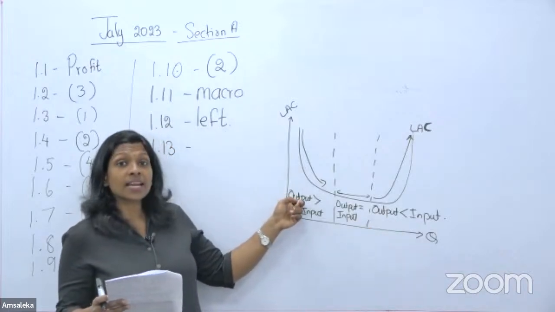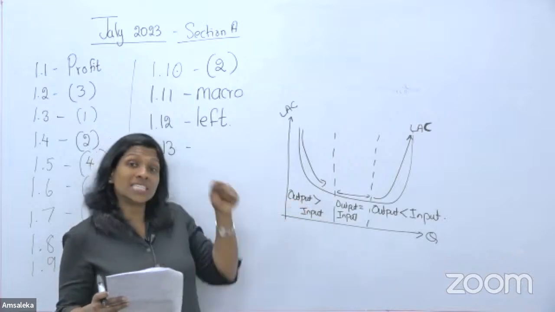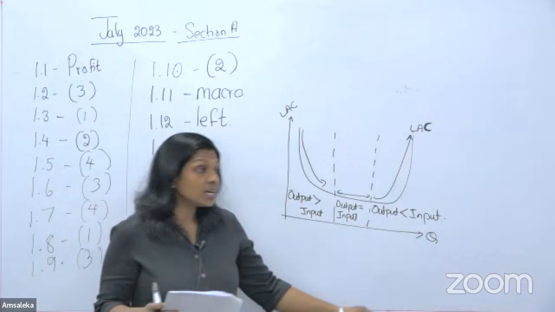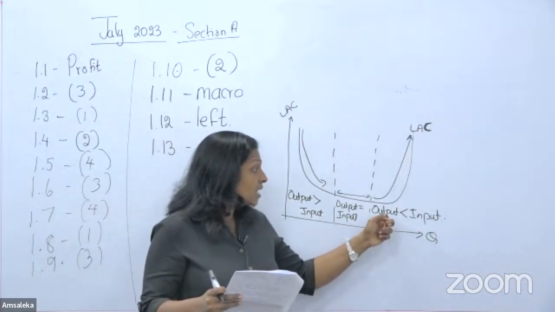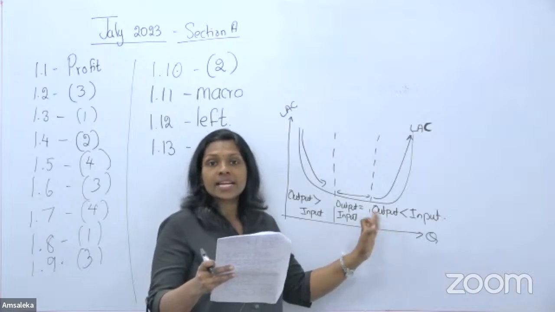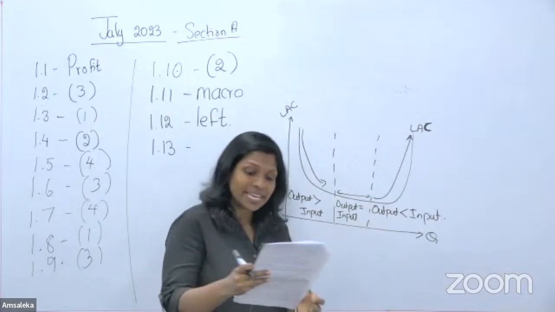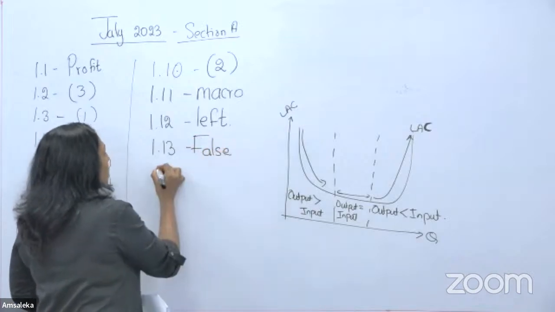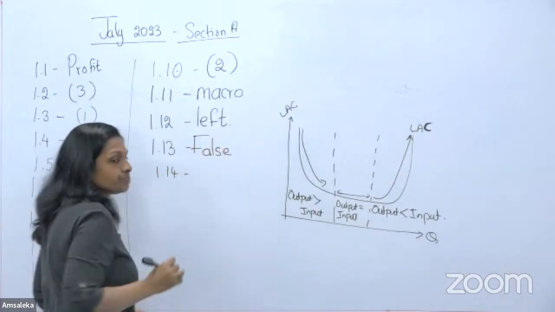What is increasing returns to scale? The proportionate increase in output is greater than the proportionate increase in input. Here, the proportionate increase in output is less. It should be decreasing returns to scale. But they said increasing. Therefore, the answer is false.